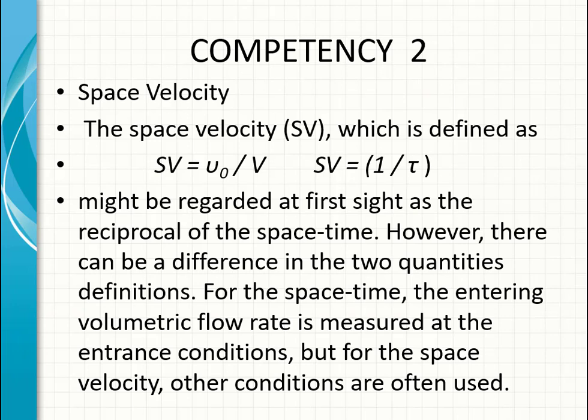This parameter might be regarded at first sight as the reciprocal of the space-time. However, there can be a difference in the two quantities' definitions. For the space-time, the entering volumetric flow rate is measured at the entrance conditions, but for the space velocity, other conditions are often used.